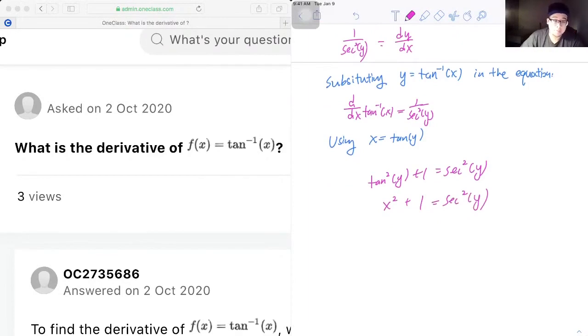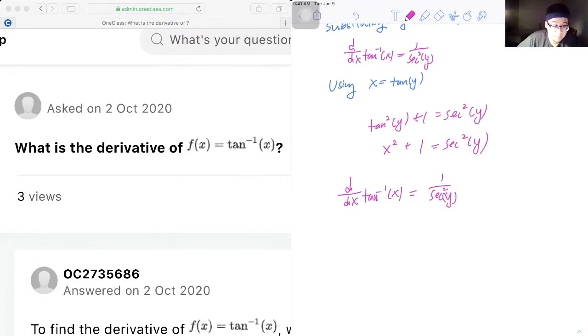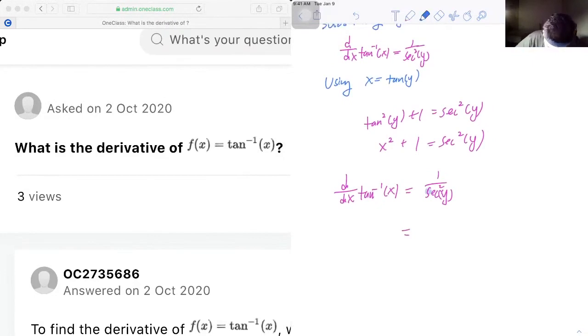Substituting the above expression in the equation, we will have the derivative of tangent x inverse is equal to 1 over secant y squared. Then we just need to substitute secant y squared with x squared plus 1, so that will give us x squared plus 1 in the denominator.